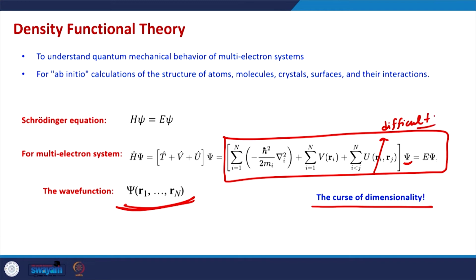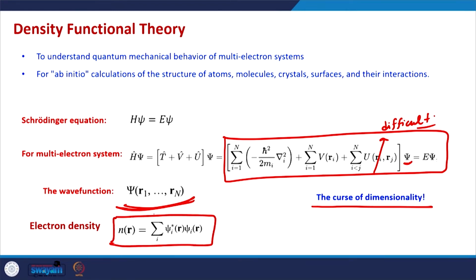So instead of dealing with the wave function, what we deal with is the density of electrons, which is defined in this way: the sum over i from 1 to n of psi i star psi i, summation over all the electrons.